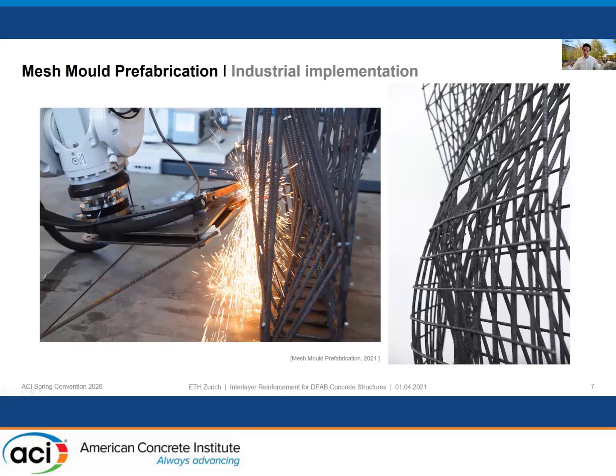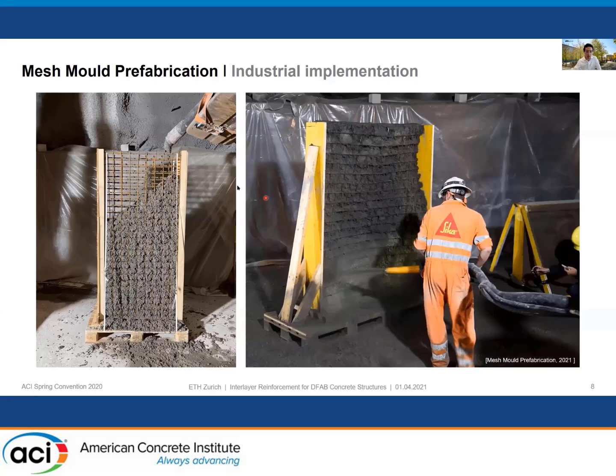So we prefabricate these cages, bring them on site, assemble them, and then Sika has been improving the casting process. The idea now is to use an almost conventional concrete mix, slightly modified so it does not flow out of this reinforcement cage, but at the same time has good compaction and homogeneous properties.